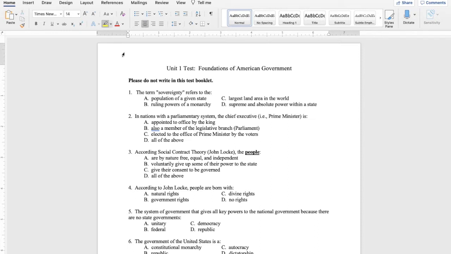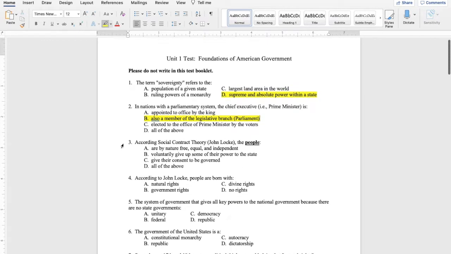Number 1, the term sovereignty refers to the D, supreme and absolute power within a state. Number 2, in nations with a parliamentary system, the chief executive, also known as the prime minister, is B, also a member of the legislative branch, parliament.